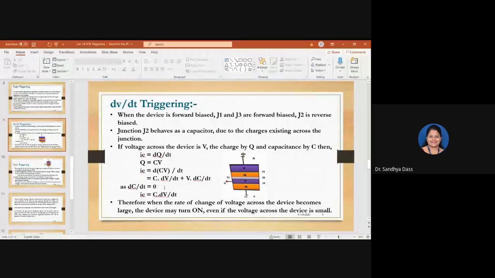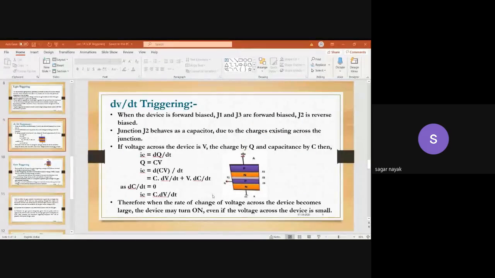So you take it as 0 and substitute IC is equal to C into dV by dt. Got it? So there is no large change in the width of the depletion region when we change voltage. That is the meaning: the rate at which it is changing is negligible.